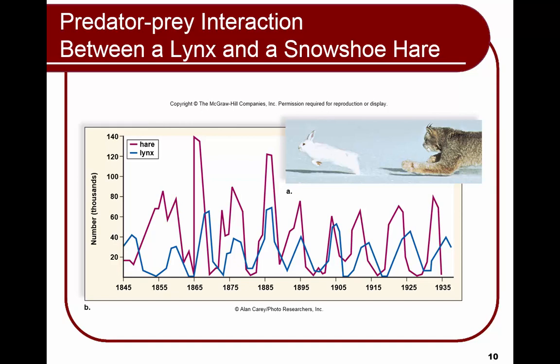So what happened to the lynx population, to the predator population? It went up. And you see this all along. Look at 1885. Same thing happened. More hares, more prey, more predators. And you see how it's fluctuating. It's not steady all the time.